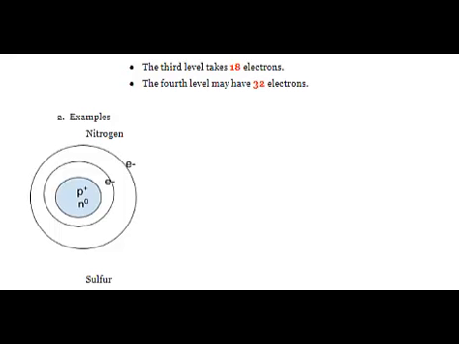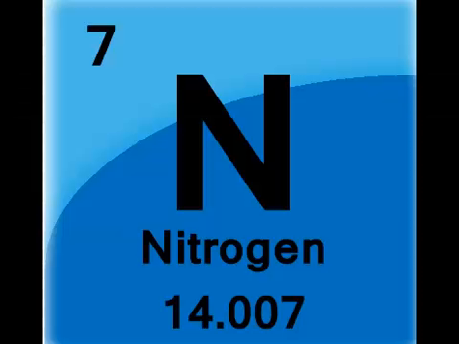Before I can complete this Bohr diagram, I have to know some things about nitrogen. So I had to look up nitrogen on the periodic table. Remember this number up here, 7, is the atomic number of nitrogen. Remember the APE: atomic number equals protons equals electrons. So I know that nitrogen has 7 protons and 7 electrons. Now, in the past, I didn't really let you use this number down here because this is an average. Well, it's the average mass number.